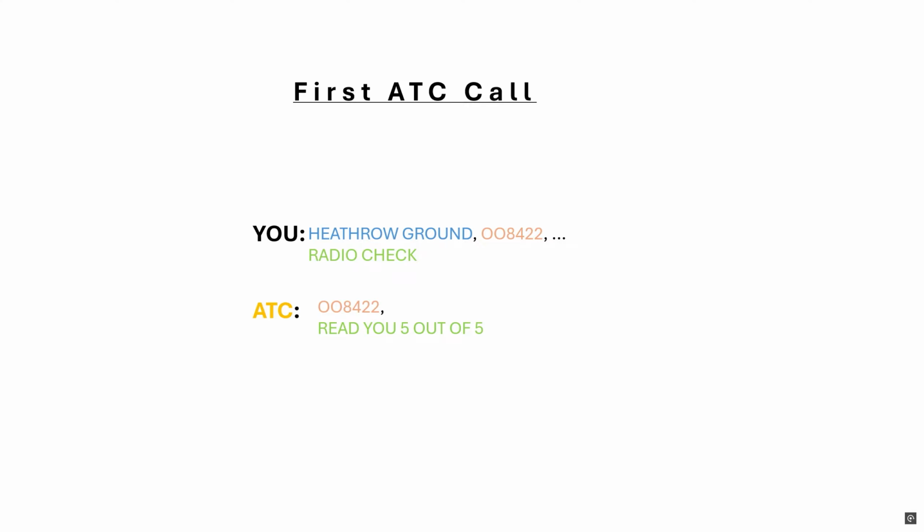You simply say Heathrow ground, then your call sign, Oscar Oscar 8422, radio check. There's a way to ask, do you hear me? And ATC will then normally, if everything goes well, answer Oscar Oscar 8422, read you 5 out of 5. And with this, you can have your first ATC call with VATSIM, and this will work.